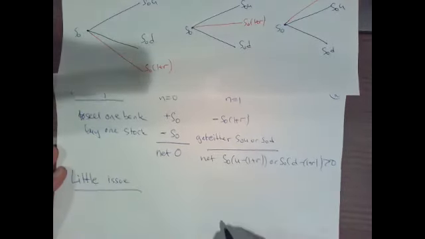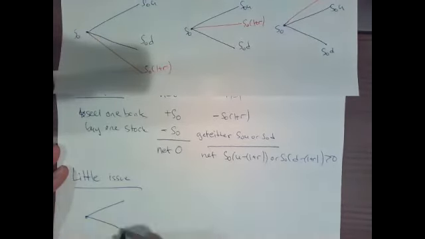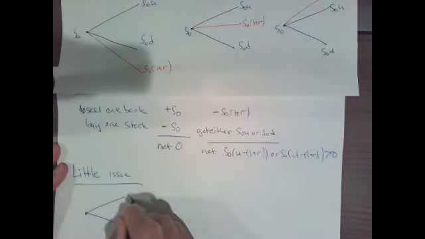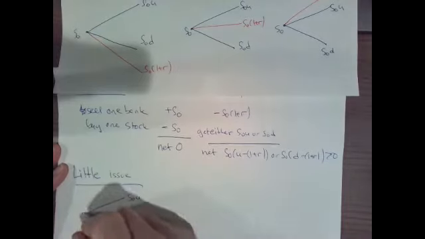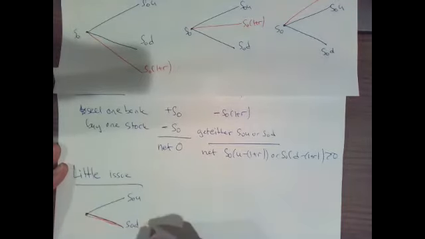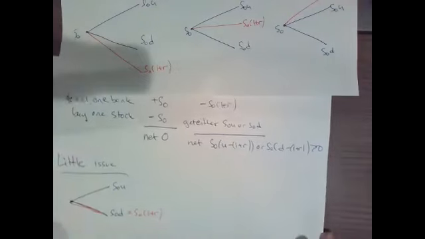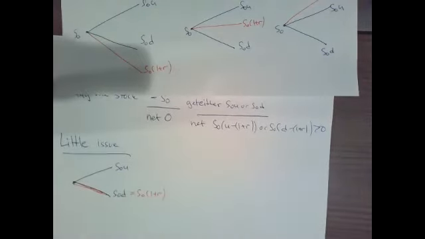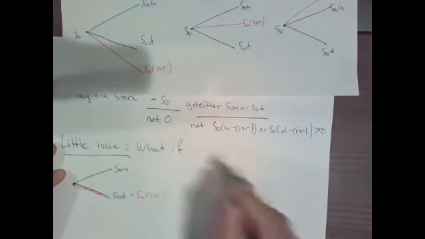What about if I have this case, S0U, S0D, and now I make the assumption that my legs coincide down here? So this is also equal to S0 times 1 plus R. Then what? What if this happens?